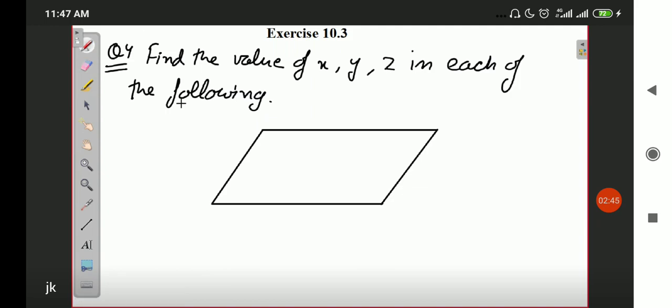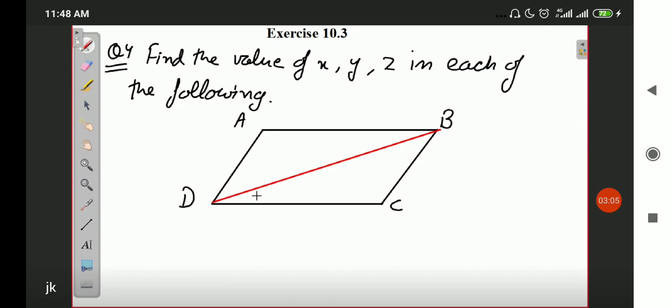This is the diagram for question number 4. It is not named, so I will name it accordingly. First of all, there is a diagonal for this parallelogram. In question number 4, you have a parallelogram, and I am naming it ABCD. There is no name given in the book.